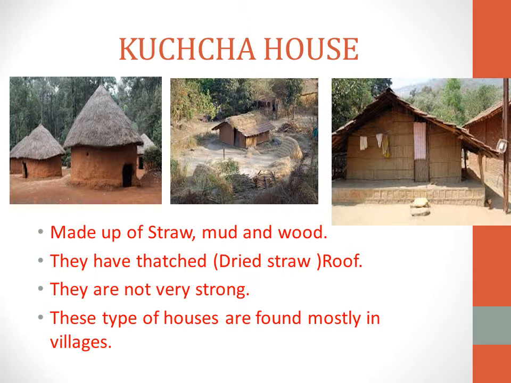Kacha house is made up of mud, wood, and straw. Straw, you know, right? Dried leaves of a coconut plant or something have been converted into straw and we use it to make a house.